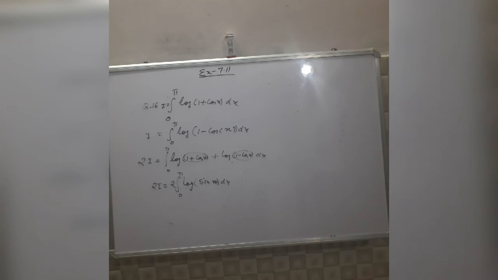Now by using the property, this pi can be written as twice of pi by 2, meaning 2 into pi by 2.